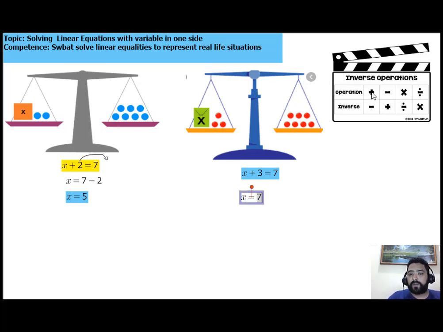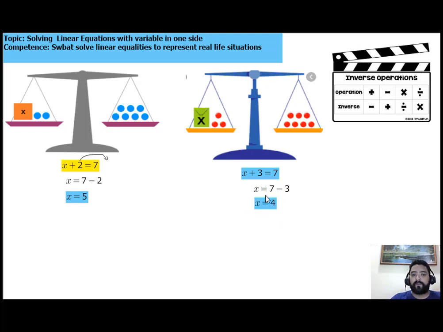Applying the inverse of positive, which is negative, it's going to be 7 minus 3. Then we subtract 7 minus 3, and it's going to be x equals 4. Now we already know that the value for x is 4.